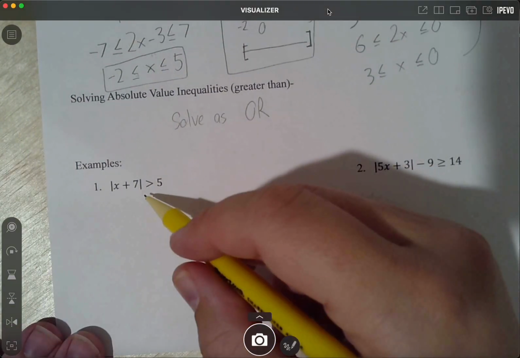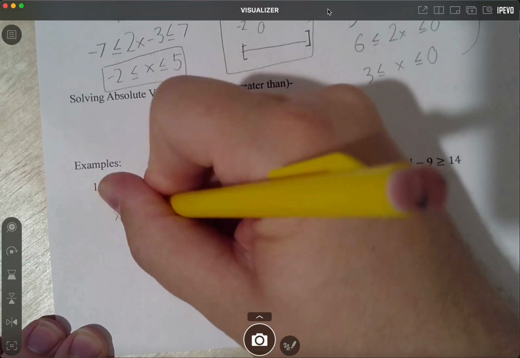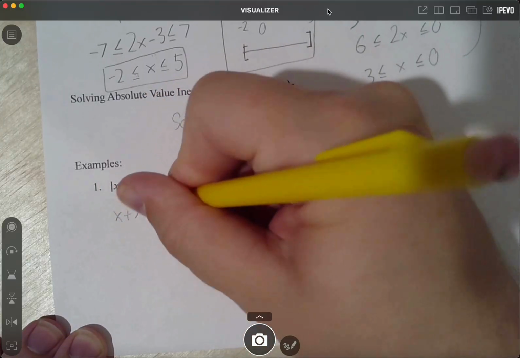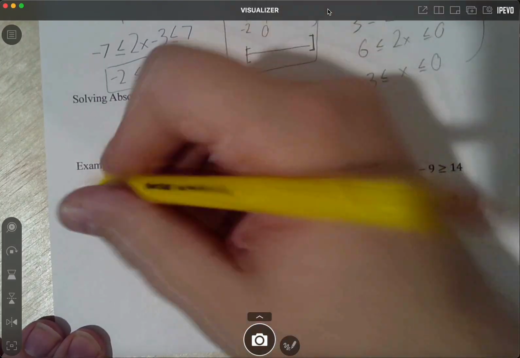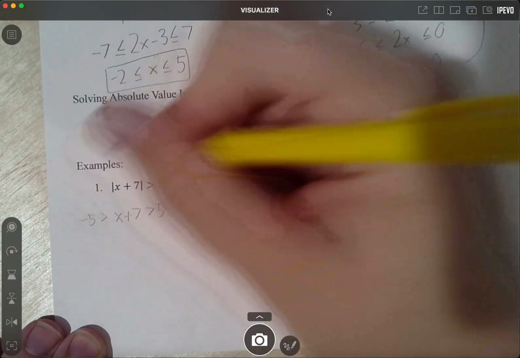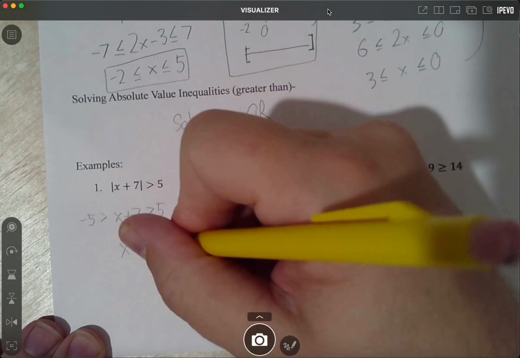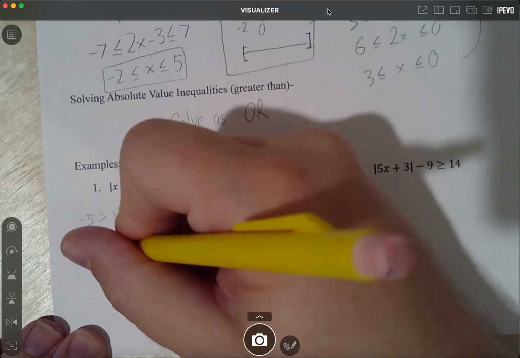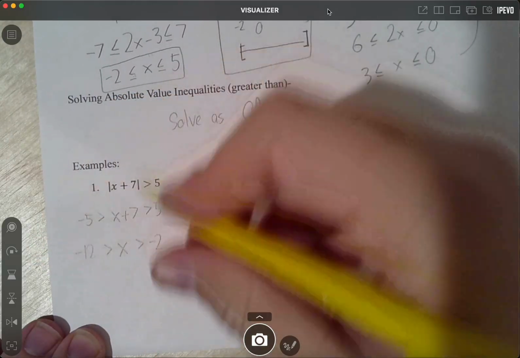All right, speaking of which, let's go through this one. So we have our absolute value, and we can go ahead, since it's isolated, and rewrite what we had, write the inequality in the same direction, and write the negative version. At that point, if I subtract 7, I get negative 2 over here, and I get, let's see here, negative 12 over here.